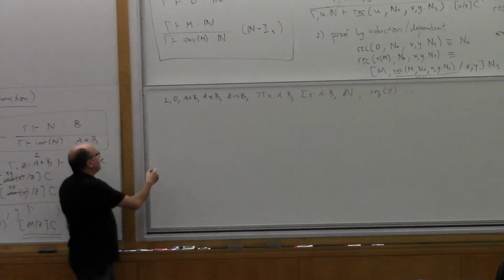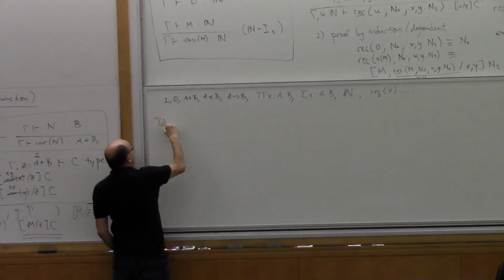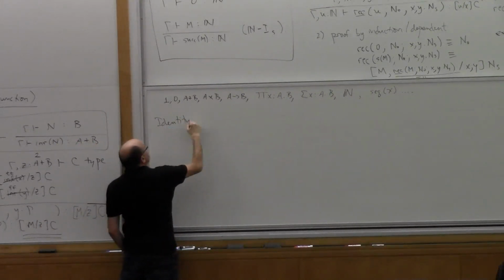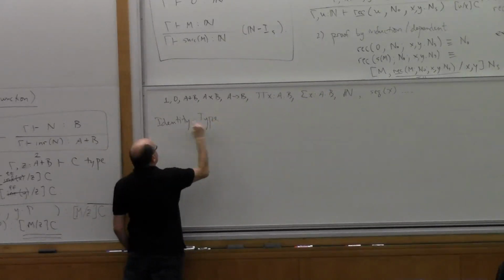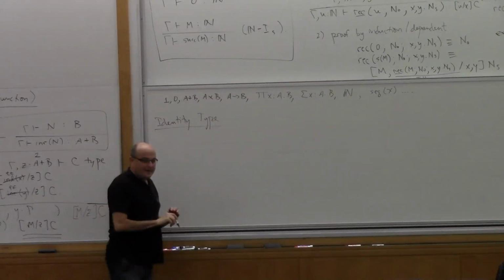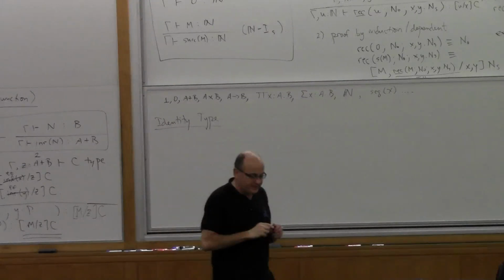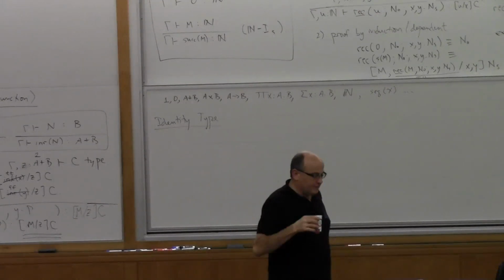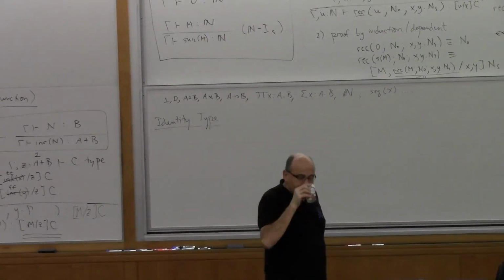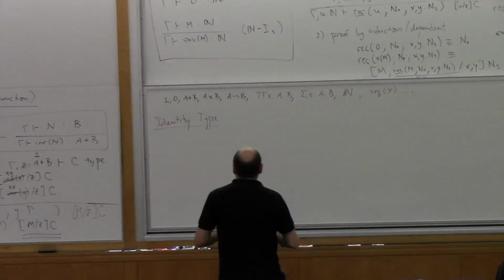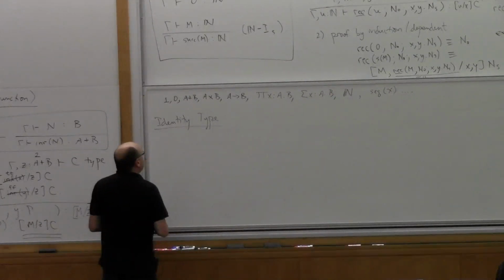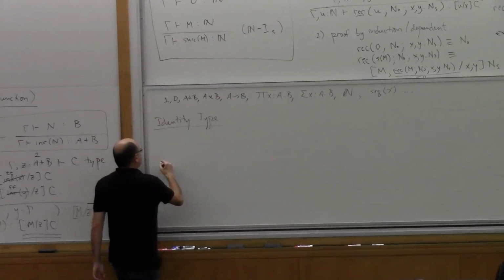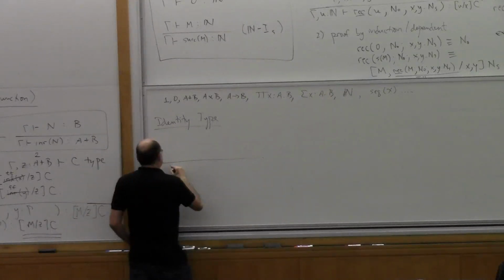So I want to introduce what is called the identity type, which in a certain sense is the most primitive relation, which is to say binary family of types, that you could possibly hope for. So here is the idea. I want to introduce this type, and it's written like this.